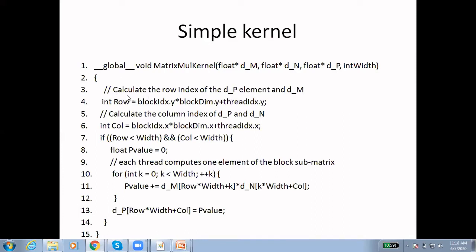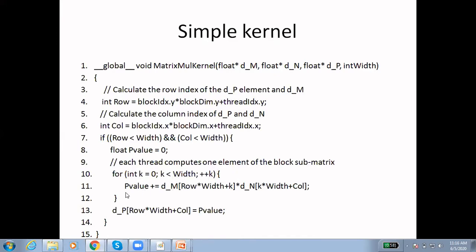Here what I am telling is, in this kernel, this was a simple CUDA kernel. You tried to see whether the thread is within the bound or not. If it is within the bound, you iterate over the width.